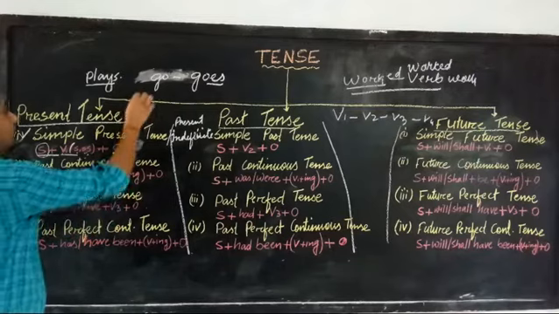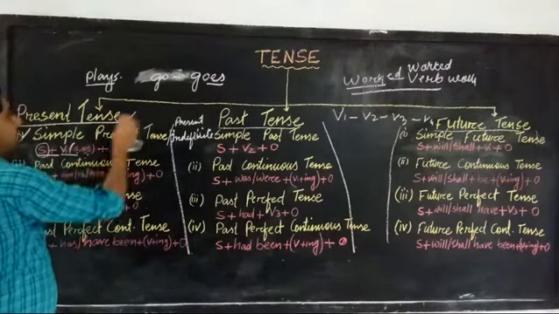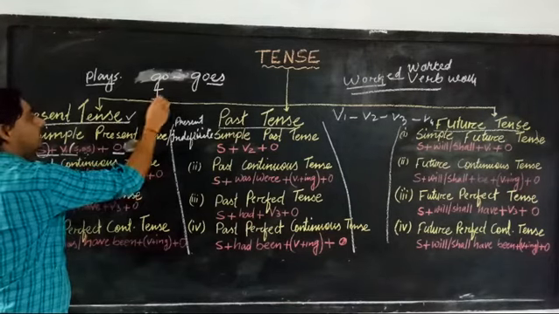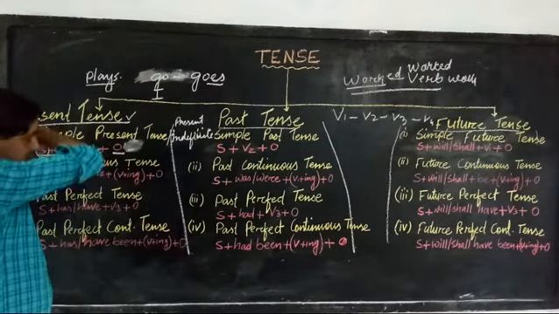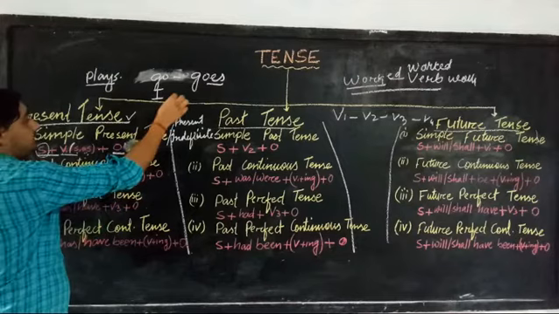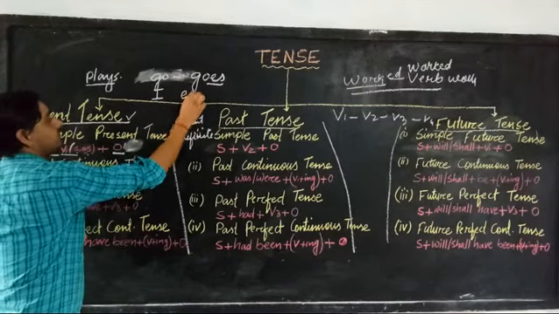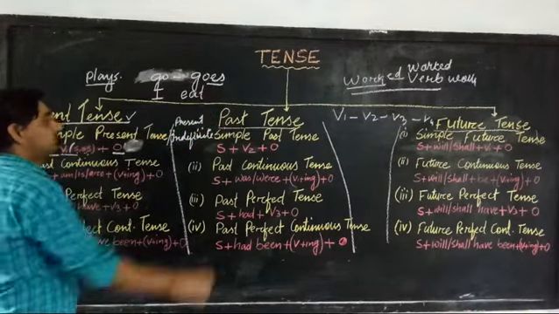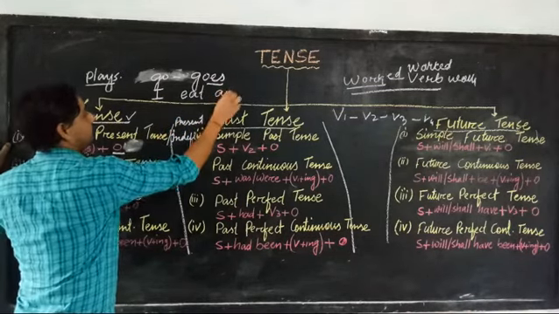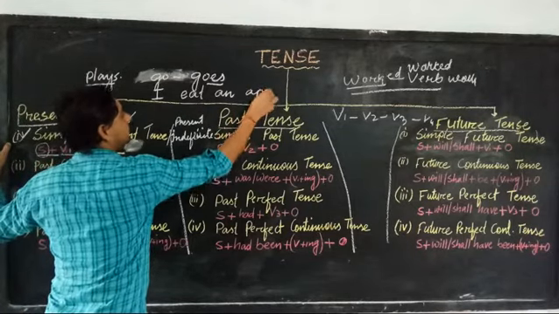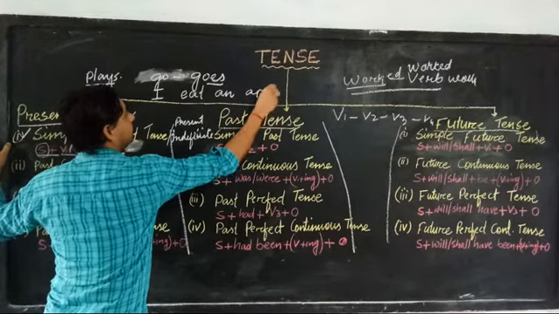What is the subject? We can write I. Then I eat. We can write an apple. I eat an apple.